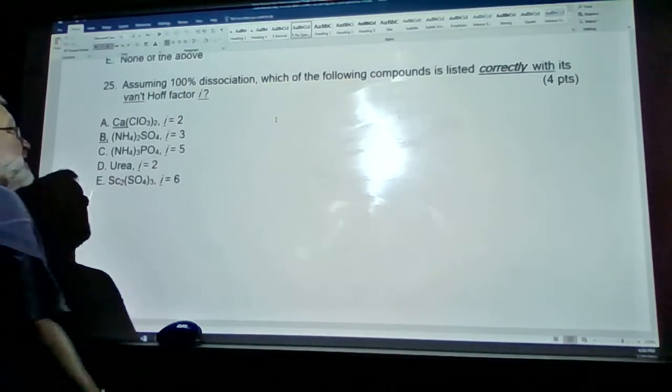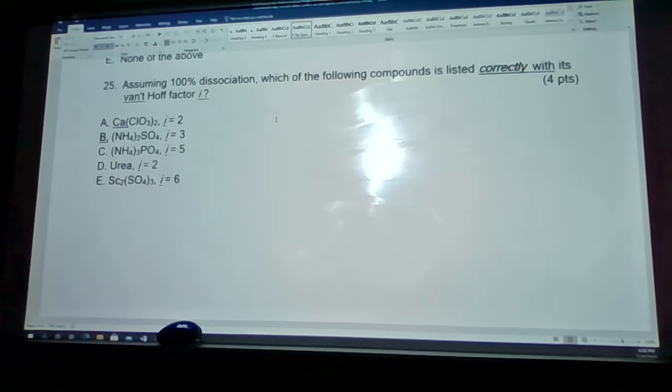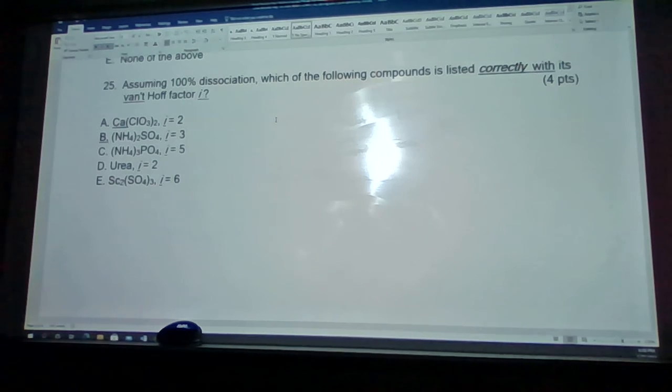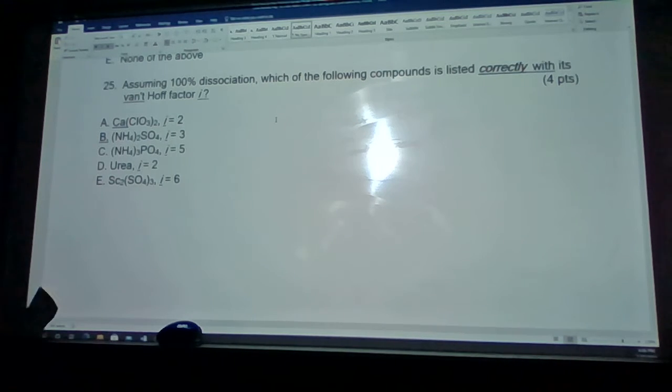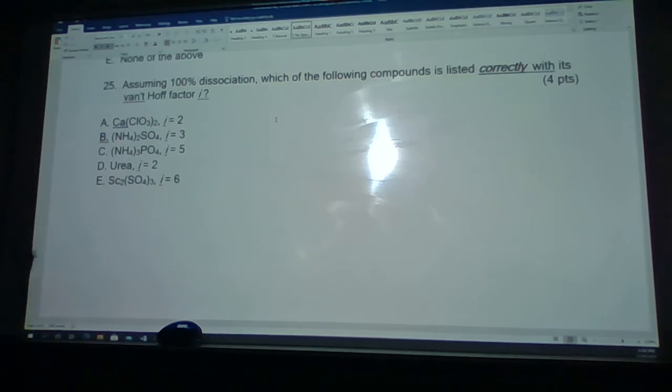Assuming 100% dissociation, which of the following compounds is correctly listed with its van 't Hoff factor? So if these bust up 100% and remain ionized to 100%, you're looking at how many ions are produced.